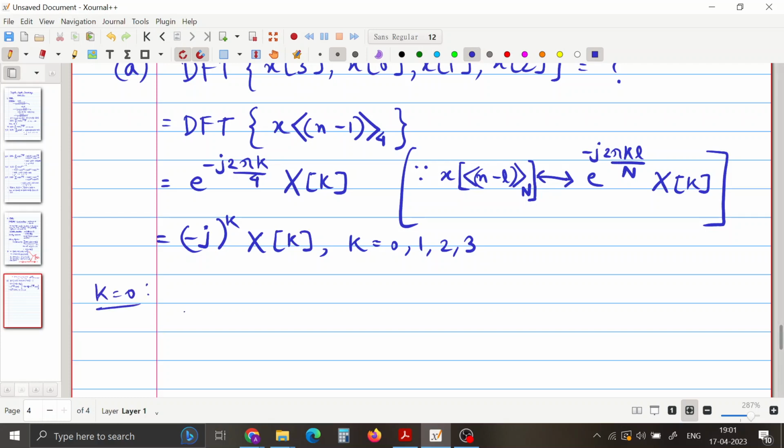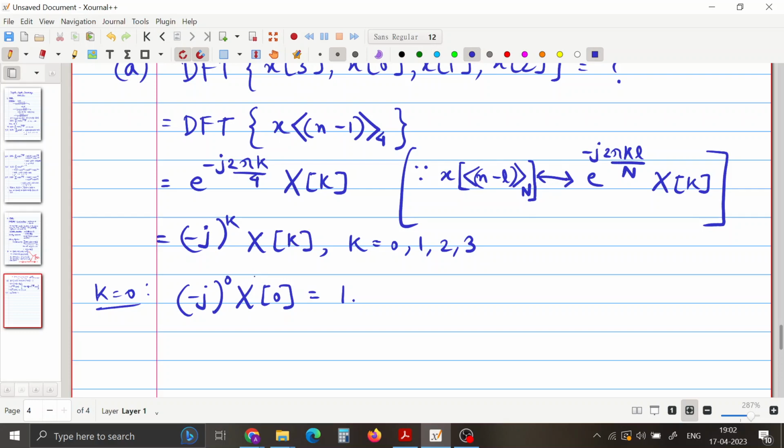For k equals 0, minus j to the power k times cap X of k becomes minus j to the power 0 times cap X of 0. Let me not use cross for multiplication, because you might confuse it with cap X, so let me use this dot. Minus j to the power 0 is 1.